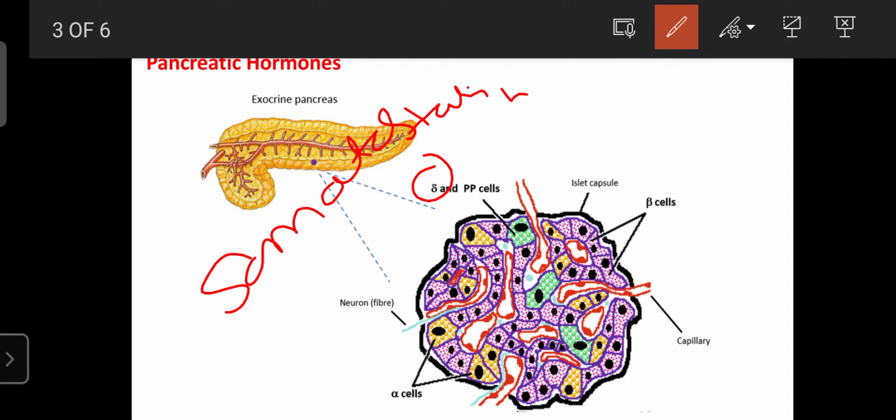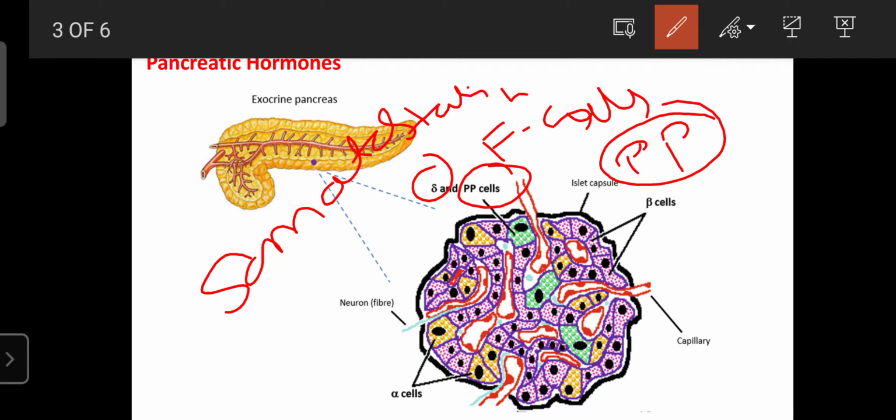Regarding another cell, the PP cell, in some books it is known as the F cell. These cells mainly secrete the pancreatic polypeptide. This pancreatic polypeptide is mainly involved in the regulation of the digestive secretion and GIT motility.